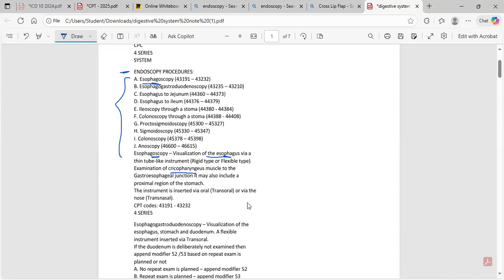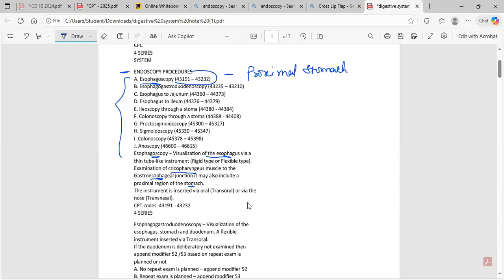So if it reaches the gastroesophageal junction or the proximal region of the stomach, you are going to consider it an esophagoscopy. So you are going to bill the esophagoscopy if it reaches the proximal stomach and withdraws from the stomach itself.